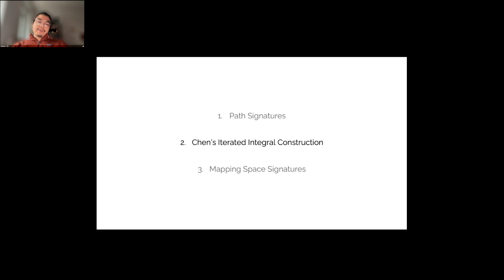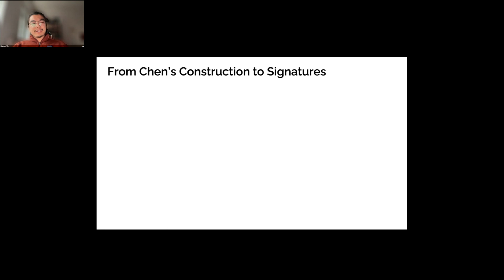Okay, so in order to define a generalization of path signatures to a higher dimensional setting, we're actually going to return to Chen's original construction of his cochain complexes. And this will give us some way of defining these mapping space signatures, which hopefully will have similar properties.